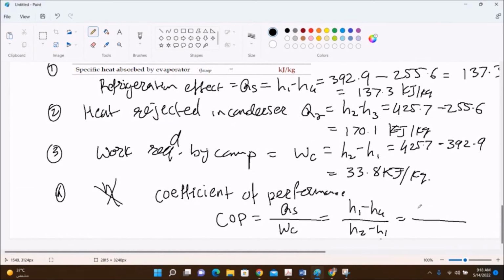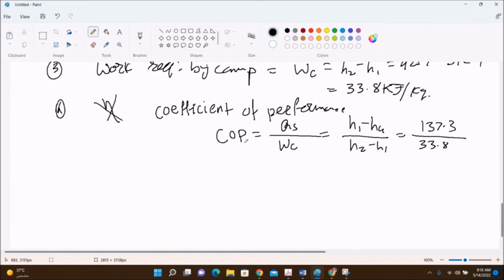H1 already, directly QS. Where is QS? QS is this, 137.3, and WC is 33.8. So COP of refrigeration is equal to 4.062. It has no unit. Okay. Number 5.